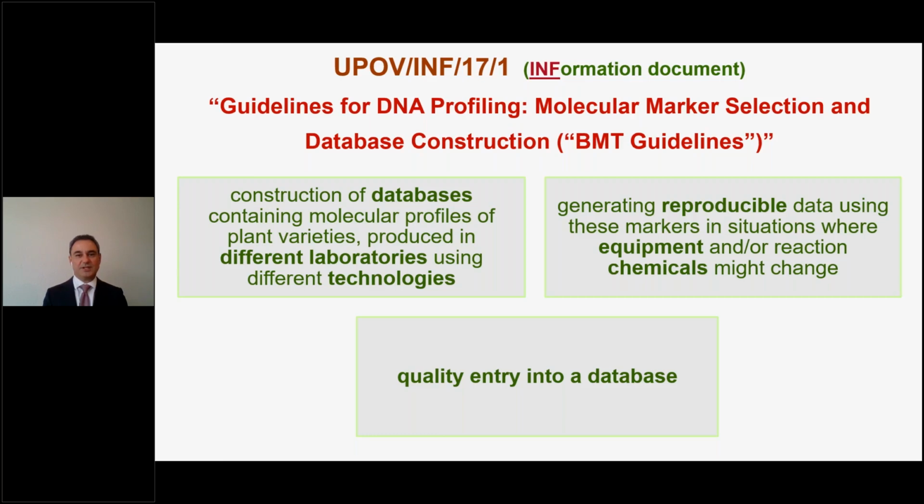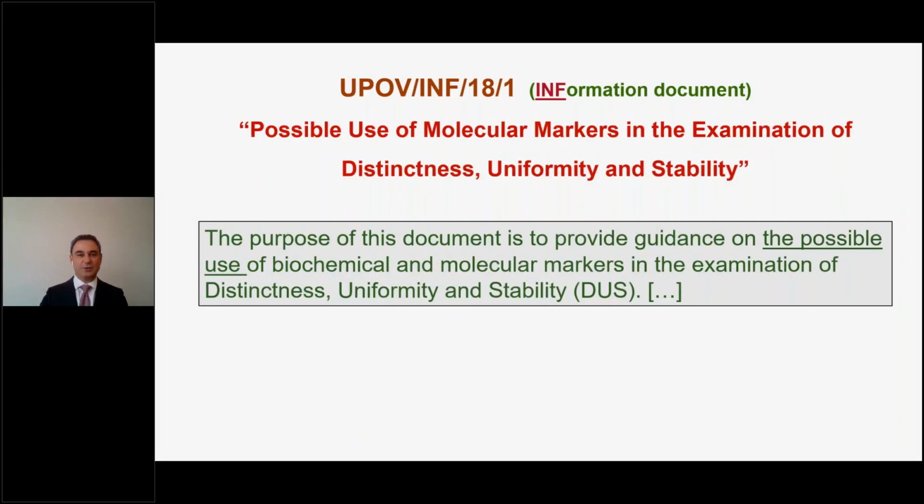And the objective is that this information could be reused, reproduced, even in different situations where laboratories have different equipment or use different chemicals. The final objective is to have quality information in databases, information which could then be shared and exchanged between UPOV members.